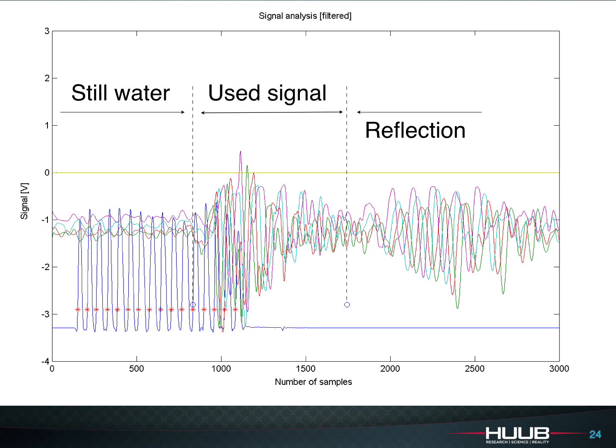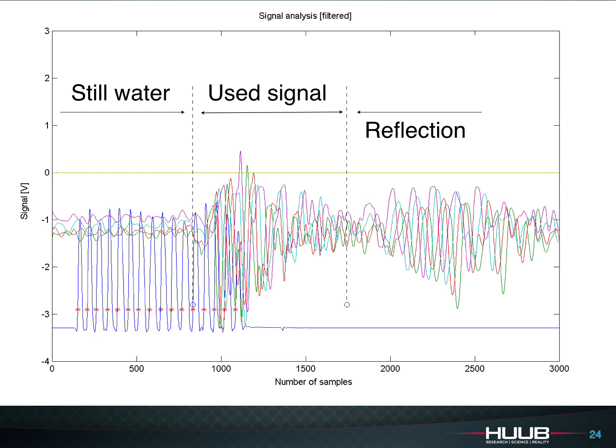And the waves are formed and they need some time to travel to the capture point. And you see that there is still water where there are no waves reaching the capture point. And then there is a signal that we used. And then there's also part of the signal that's a reflection of waves coming back from the side of the pool.